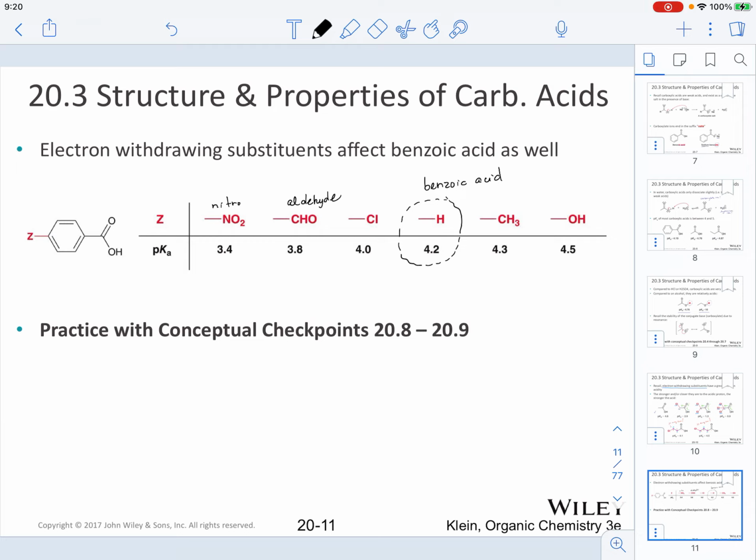It will still be acidic, but it's not going to make it more acidic. It's just going to leave it pretty close to a carboxylic acid pKa. And that's because methyl and hydroxyl are electron donating groups.